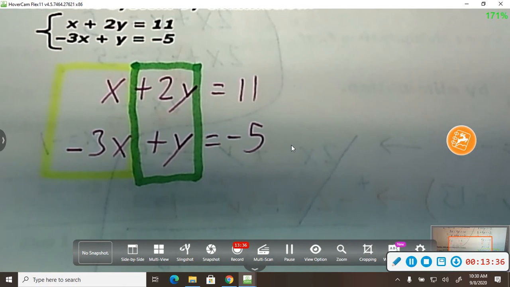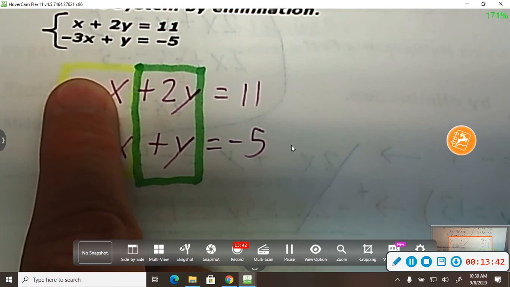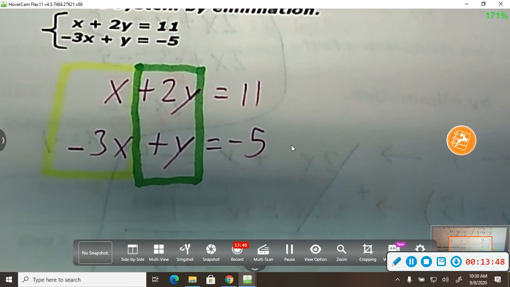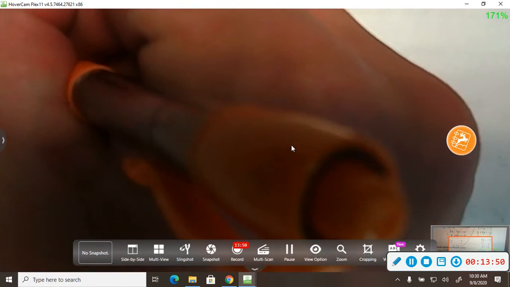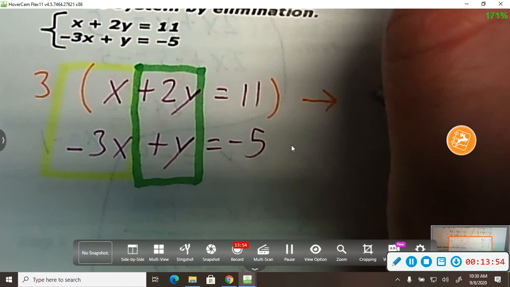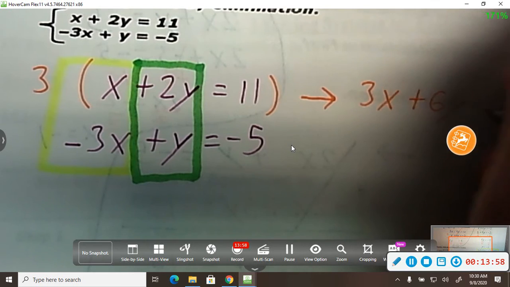Let's do x. This is -3. This is a 1. 1 and 3 both go into 3. So we want this to be a positive 3, right? So I would multiply this by 3. And I'd get 3x, 6y is 33.